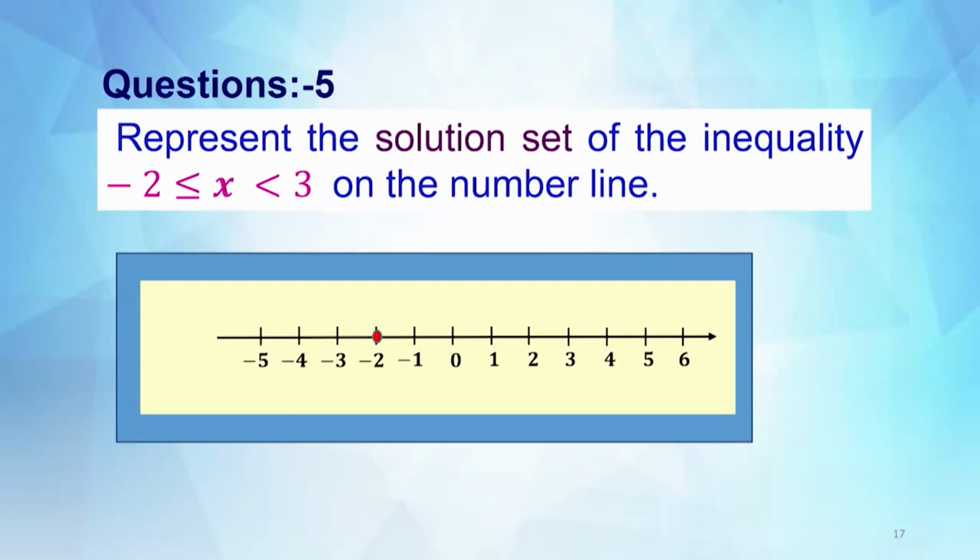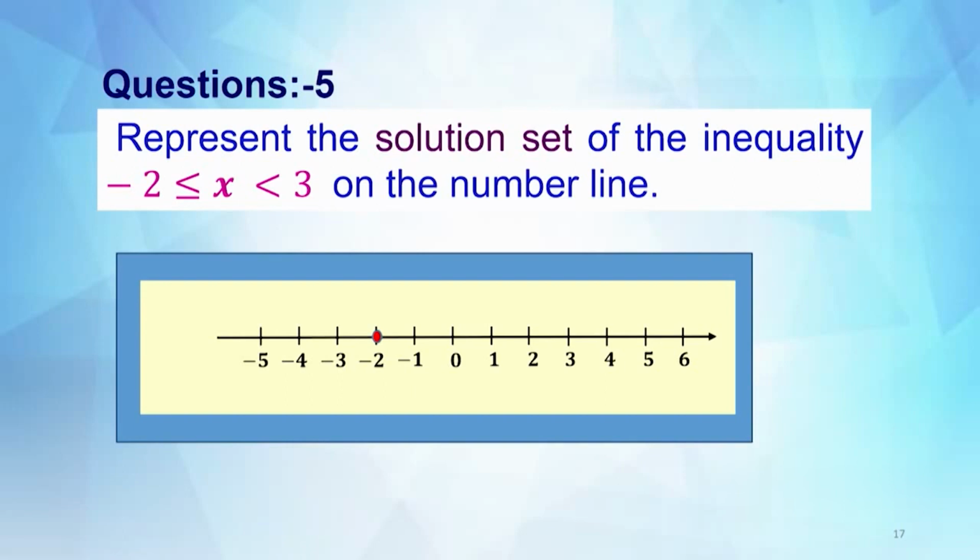You have to draw a solid circle here. And also now you can read right to left: x is greater than or equal to minus 2. That means minus 2 is there. Then you have to represent towards the right side from minus 2.